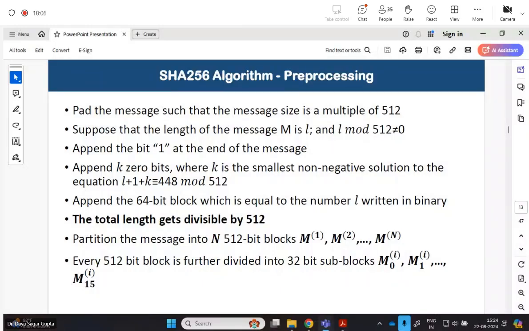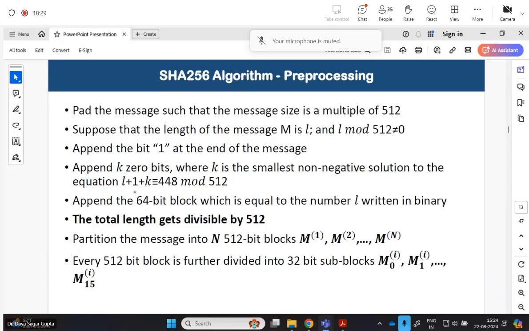What you need to do is first append one bit at the end of the message. Now append k zero bits, where k is the smallest non-negative solution to this equation.